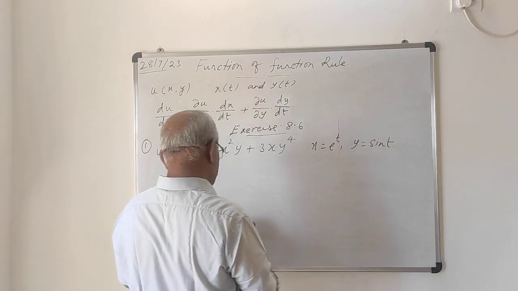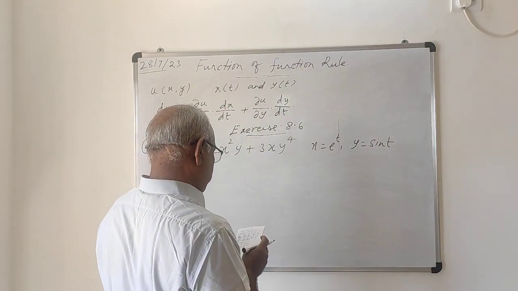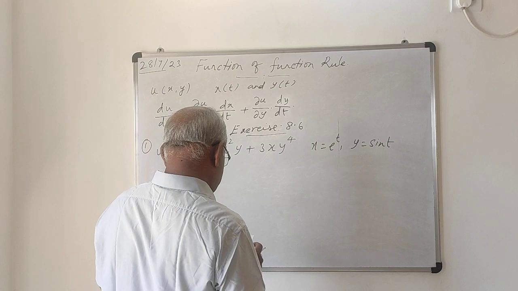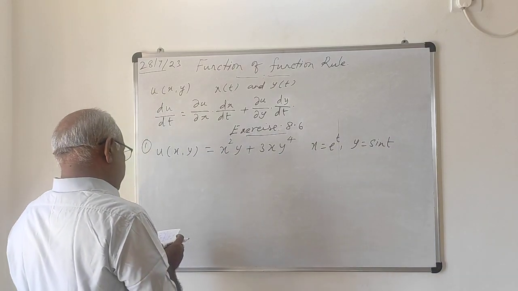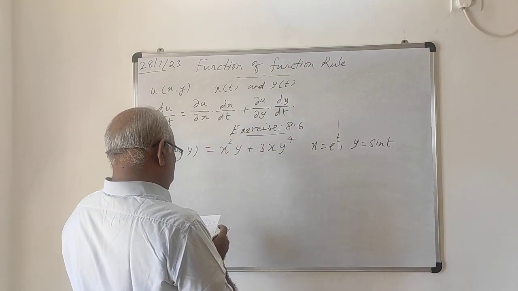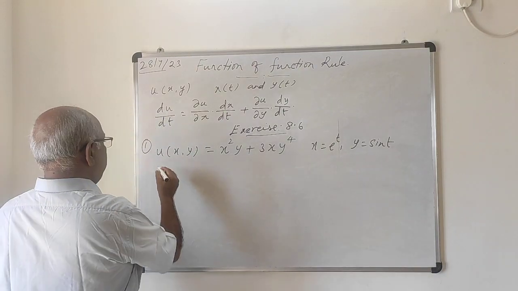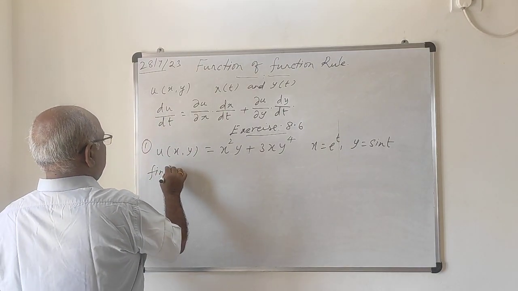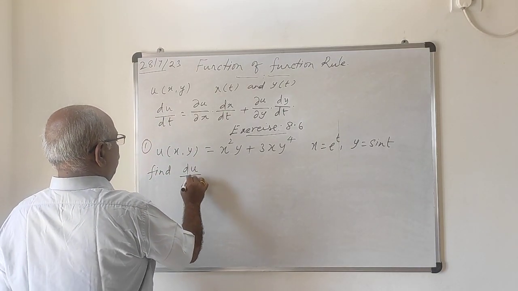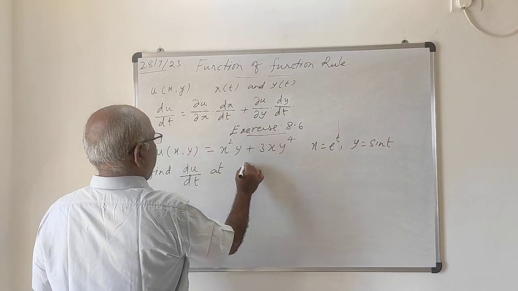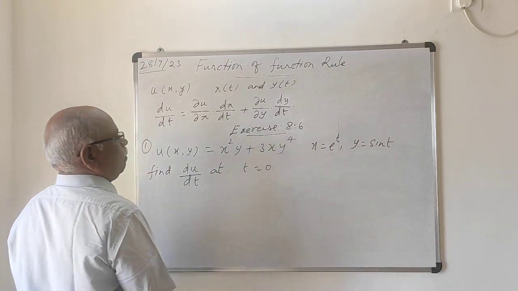The problem is to find du by dt at t equal to 0.